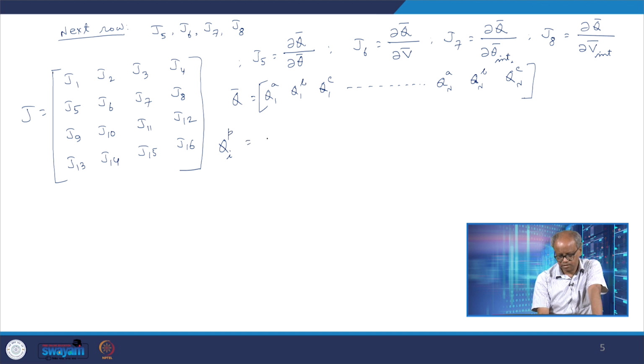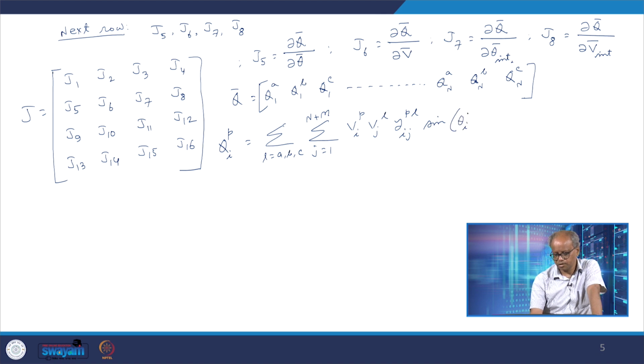It is the sum over L equal to A, B, C and j equal to 1 to n plus m, of VIP VJL YIJPL sine of theta IP minus theta JL minus alpha IJPL. So this is the expression of QIP.